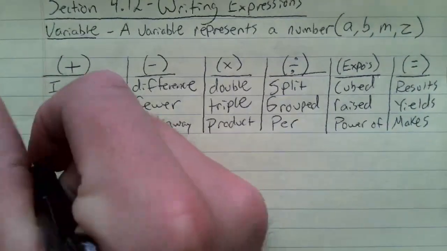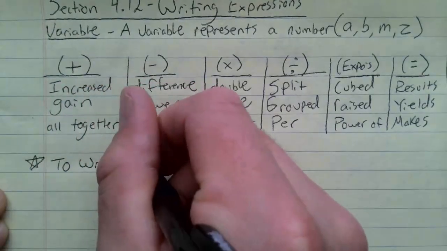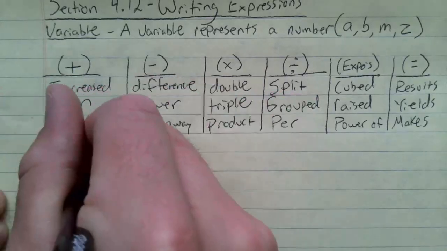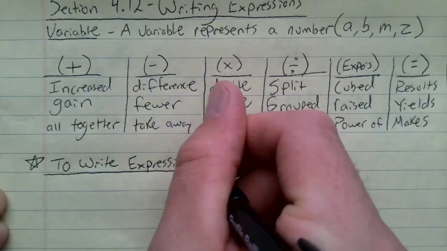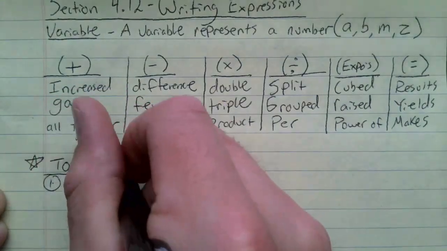So go ahead and put a little star right here. To write expressions, you need to follow these 3 steps. These are important steps. Number 1 is circle your variable.